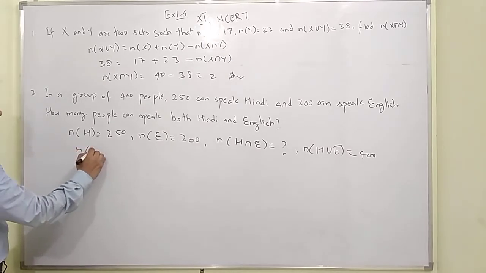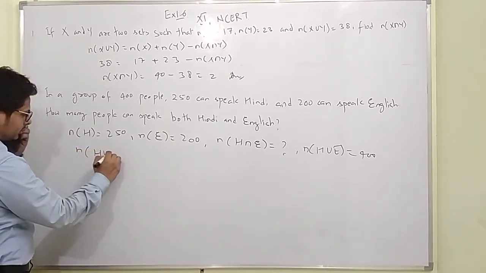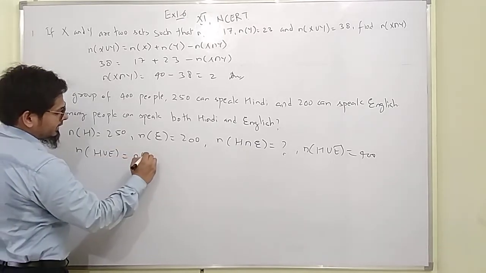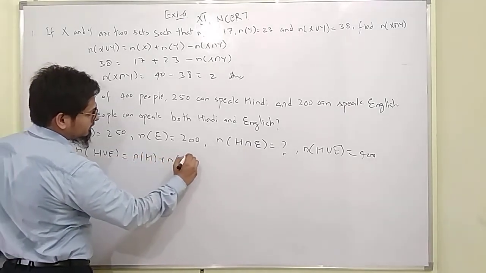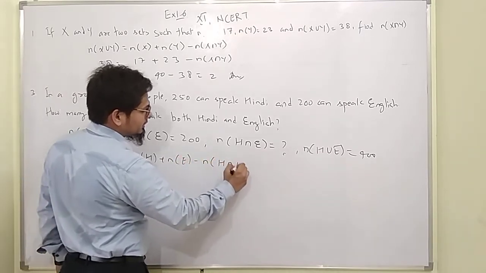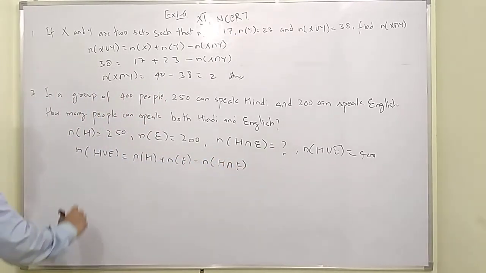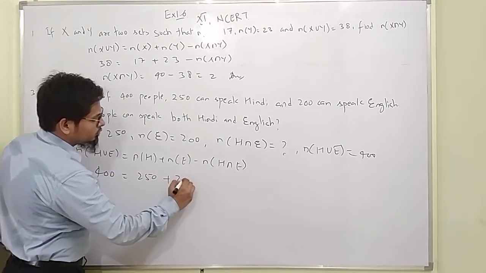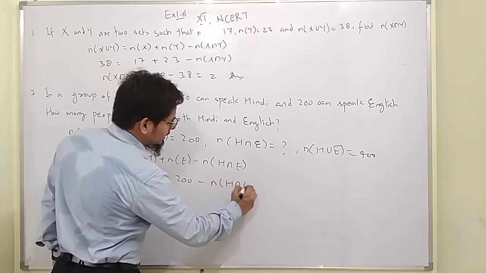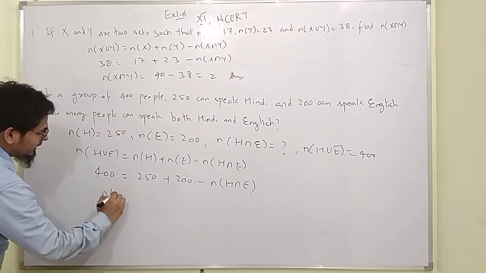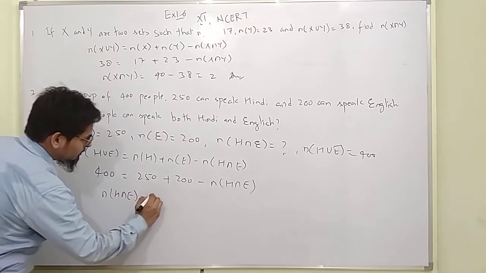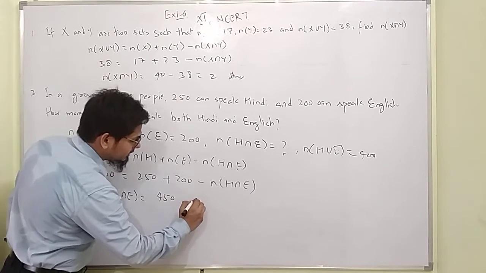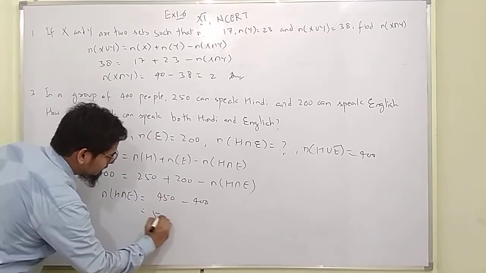Applying the result, n(H union E) is equal to n(H) plus n(E) minus n(H intersection E). Put the values: 400 equals 250 plus 200 minus n(H intersection E). So n(H intersection E) is 450 minus 400, which is 50. This is the answer.